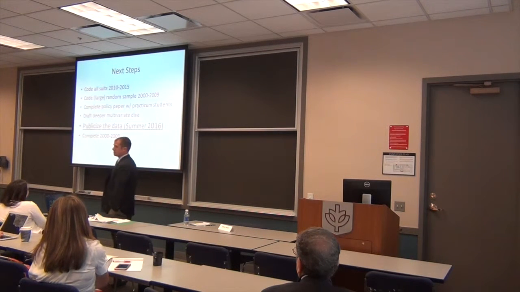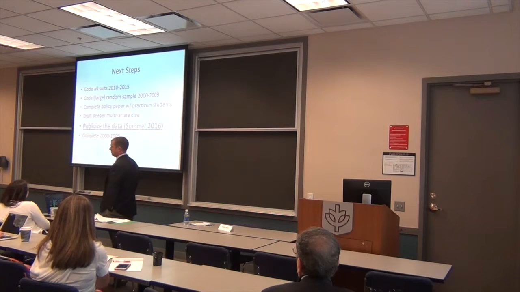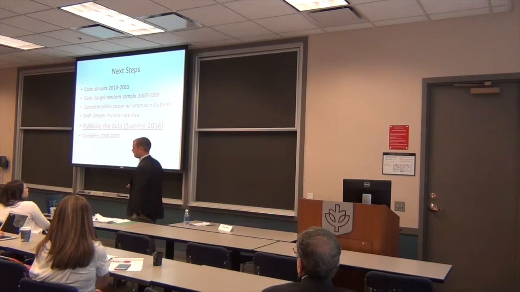And then, of course, Mark and I are going to be working on a deeper multivariate analysis using the data. After we have our draft, the data will go online. We'll have something online by this time next summer. I'll make the commitment today.